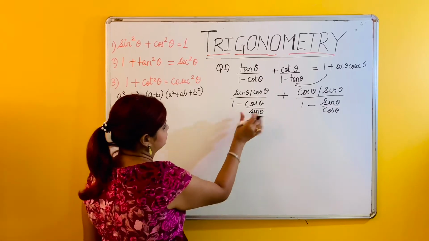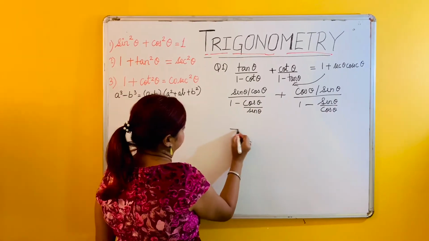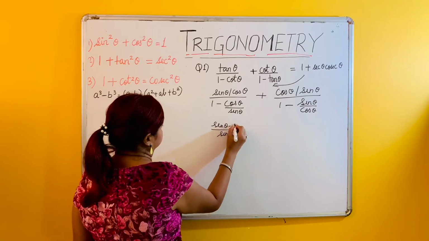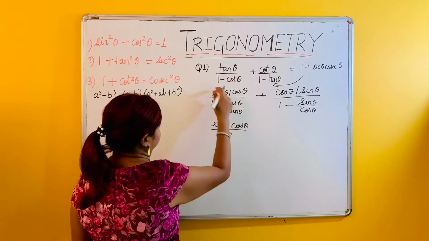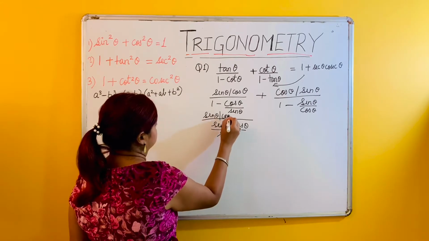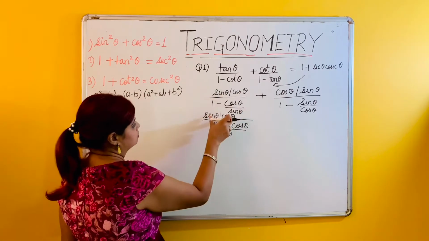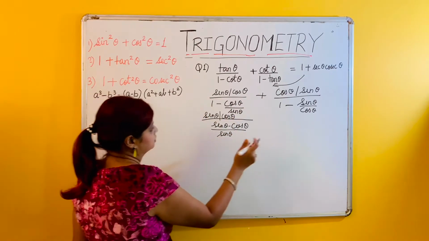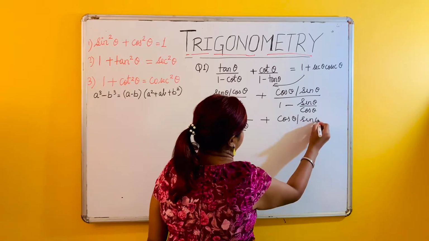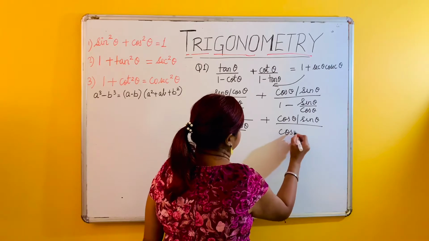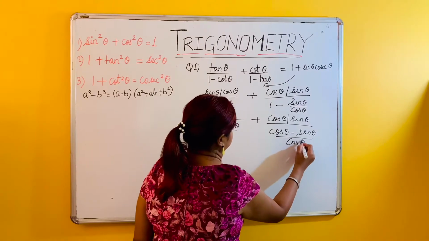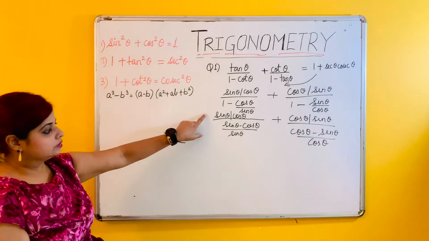Now let's simplify this. You first simplify the denominator here, and this whole thing is divided by again sine theta by cos theta. Okay, so this is the denominator and then I simplified this thing. Same thing here also. Now let's simplify this one.